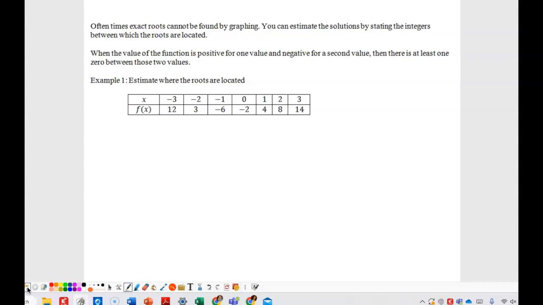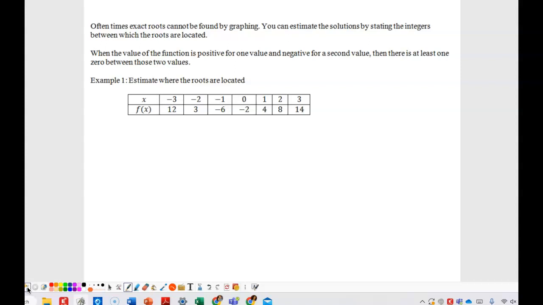So if we don't see that perfect 0, we're going to say that our root lives between two values. So oftentimes when you're graphing, those exact roots are not there. So we're going to estimate our solutions by listing the integers, which are the whole values of x, to the left and to the right.